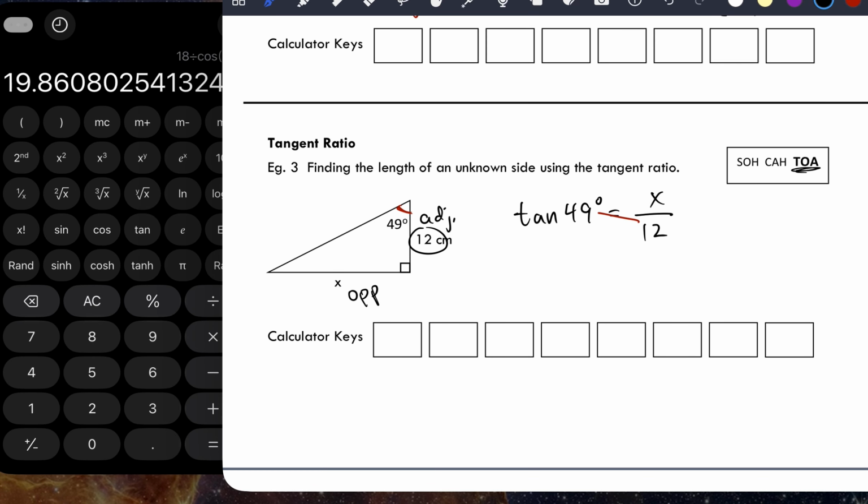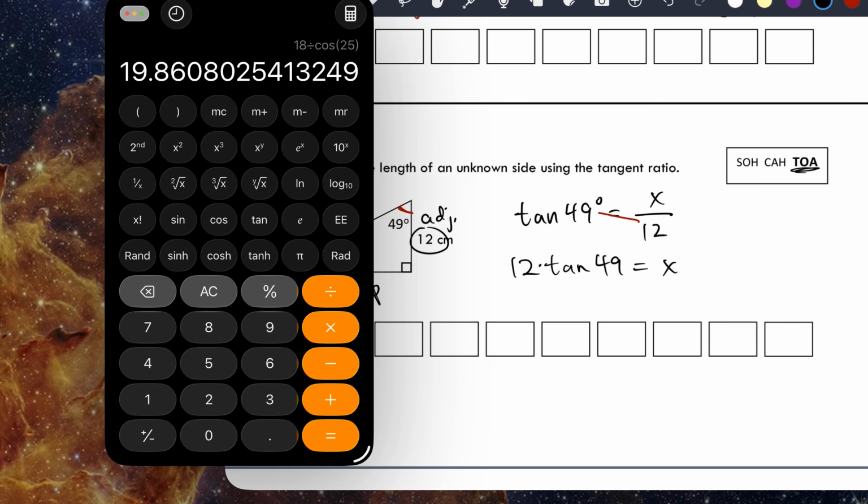So kind of half cross multiply here. 12 comes over to the left side. 12 becomes multiplication, right? 12 times tan 49 equals x. So remember, that's the multiplication between the 12 and the tangent ratio. And if you take your calculator and we do 12 times tangent of 49, we get our answer. Whoops, let's do that correctly. 12 times tangent.